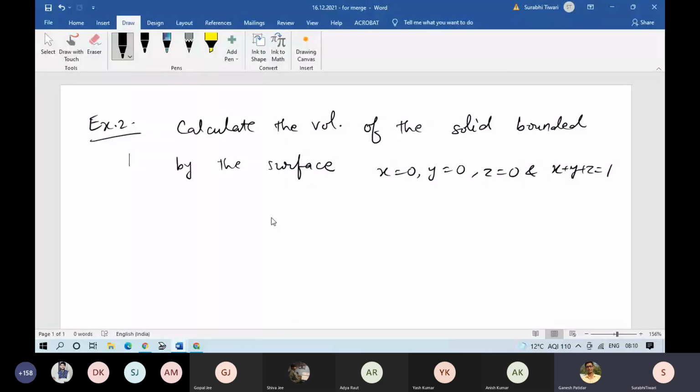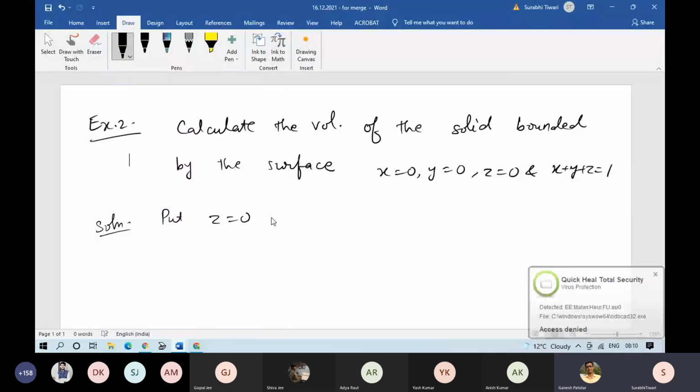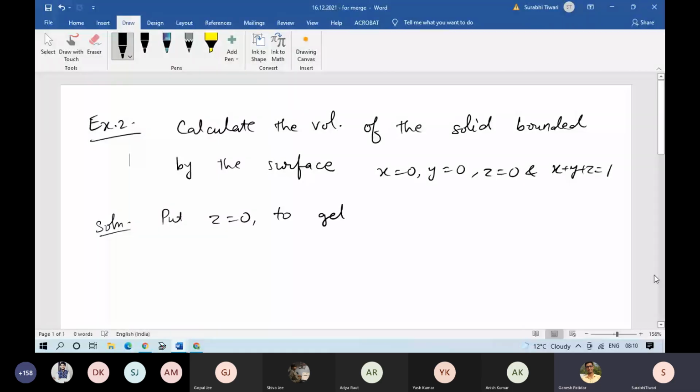So first of all, to calculate the limits of x and y, we take the projection of this plane on the z is equal to 0 plane. So put z is equal to 0 to get the projection of x plus y plus z is equal to 1 on the xy plane. So we get x plus y is equal to 1.